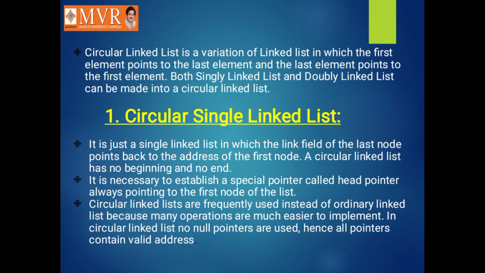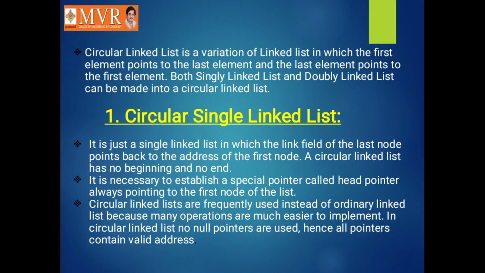First coming to circular single linked list. It is just a single linked list in which the link field of the last node points back to the address of the first node. A circular linked list has no beginning and no end. It is necessary to establish a special pointer called the head pointer, which always points to the first node of the list.